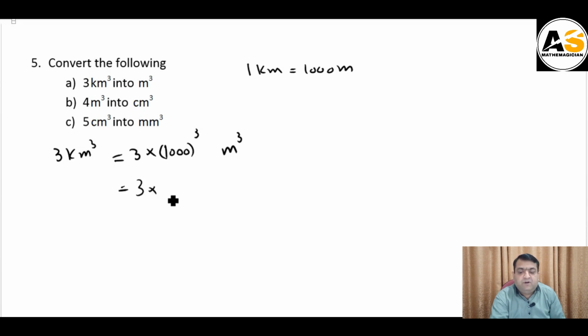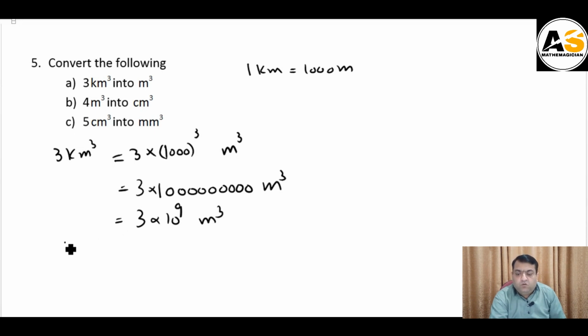This will be 3 multiplied by 1, 2, 3, 4, 5, 6, 7, 8, 9 zeros. We can also write it as 3 multiplied by 10 raised to power 9 meter cube.